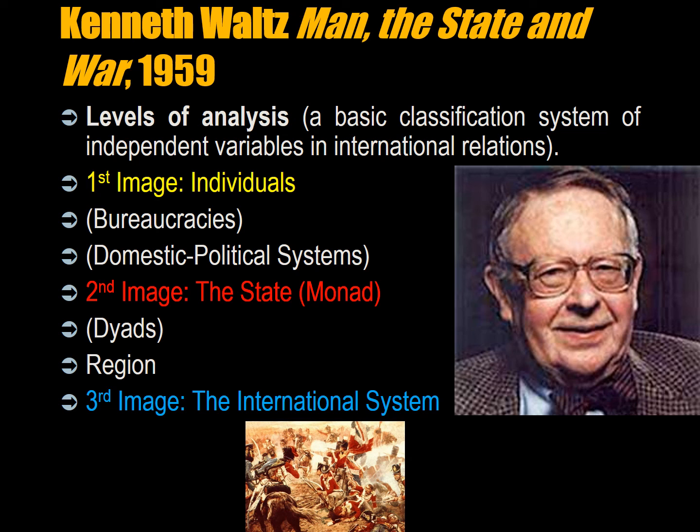Then we go down to the dyad. A dyad is a pair of countries, typically two countries that are in confrontation, that are involved in an arms race, that have deterrence against each other. Then we can focus on the region, which is a collection of states. And then finally we have the third image, which is the international system, the whole system together.